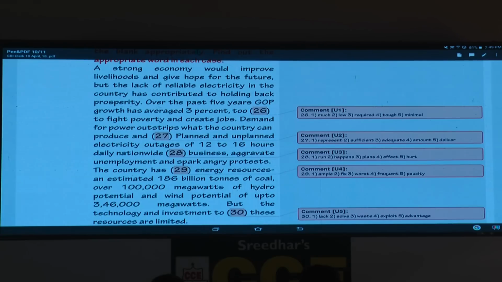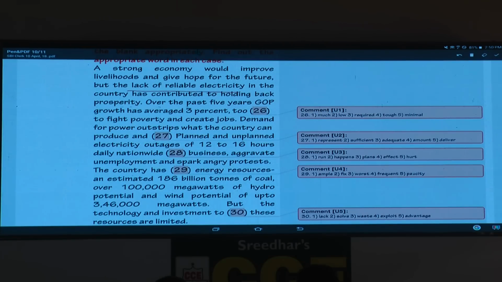He starts with a problem. What is the problem here? Lack of reliable electricity. Over the past 5 years, GDP growth has averaged 3%, whatever the word, to fight poverty and create jobs. First you should think, the context is a negative context. That means you cannot choose a positive word.